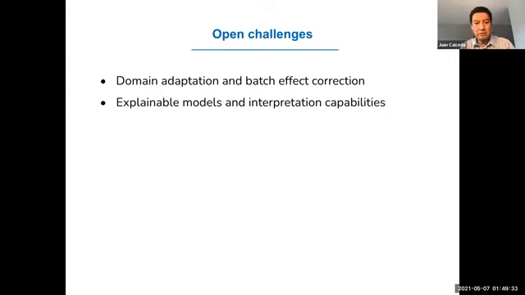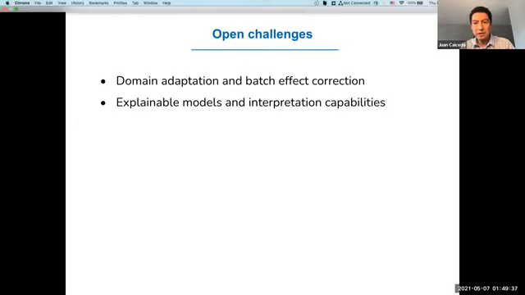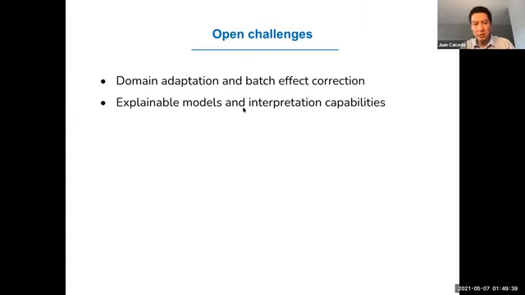Here are some open challenges on representation learning, which involve batch correction. It's still a problem, and explainable models, because the features are usually not meaningful when they are learned with deep learning. So we really need to give a push to the field and fix that as well.